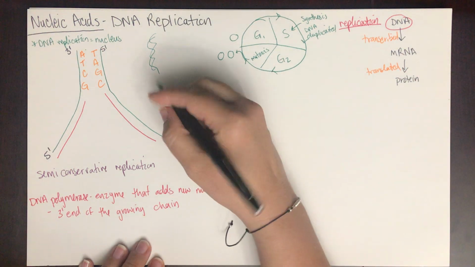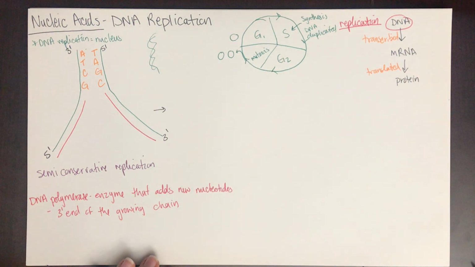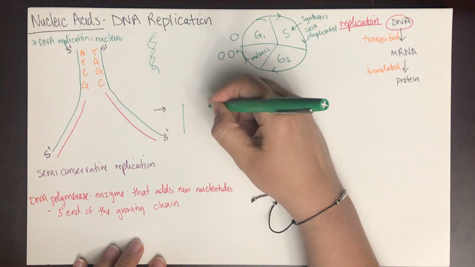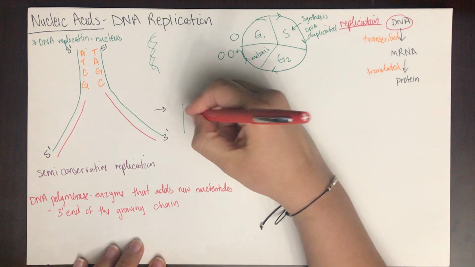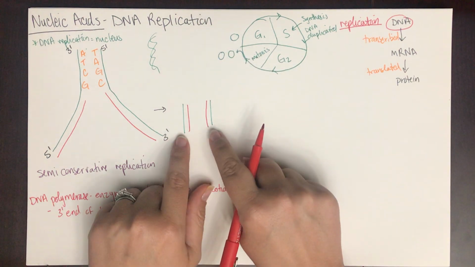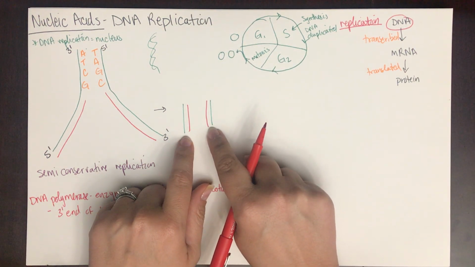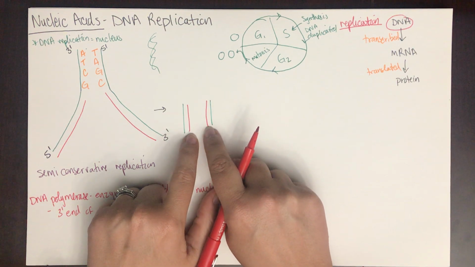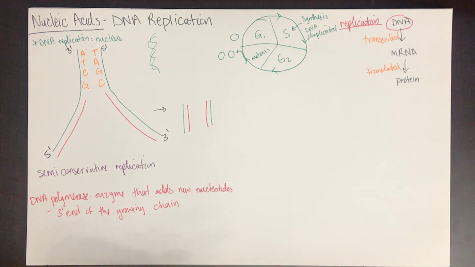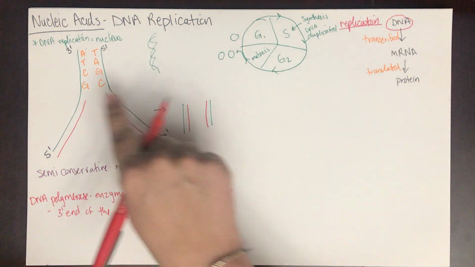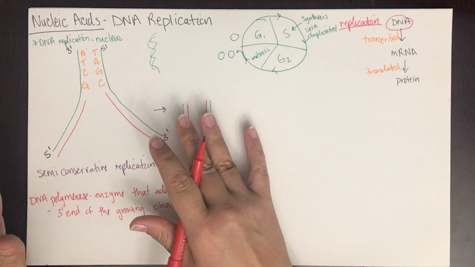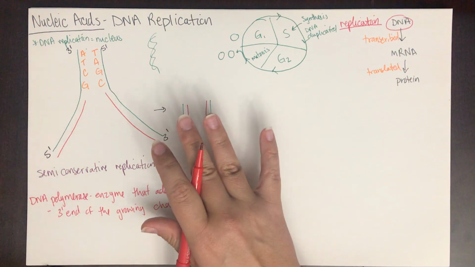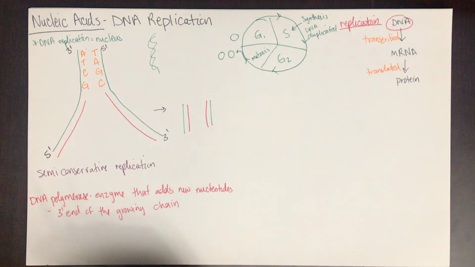So what's going to happen is we're going to end up with 2 identical strands, and each of these new strands is going to be half parent, which is the old DNA, half daughter, which is the new DNA. The problem is the enzyme that does this, there are lots of enzymes, and we'll talk about all of that later, but before we get into that, the major thing to understand is that the DNA polymerase can only add nucleotides at the 3' end.